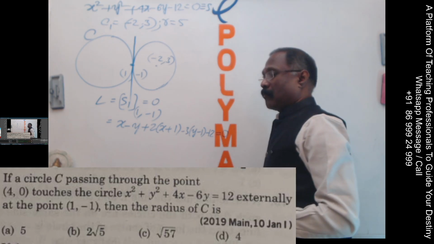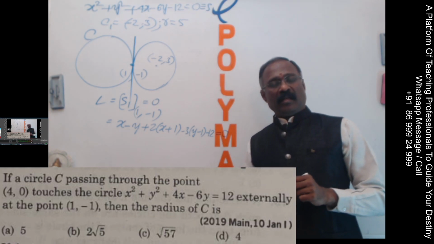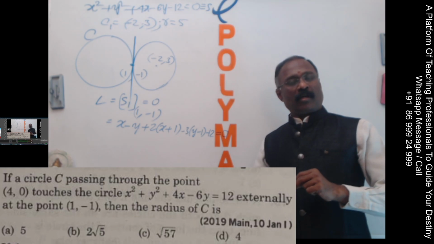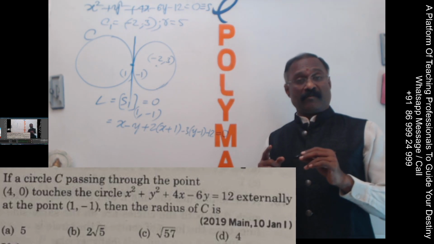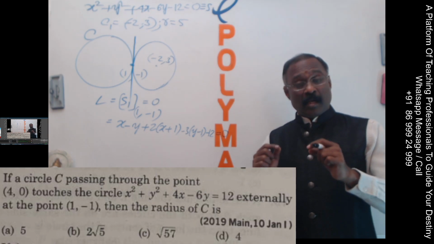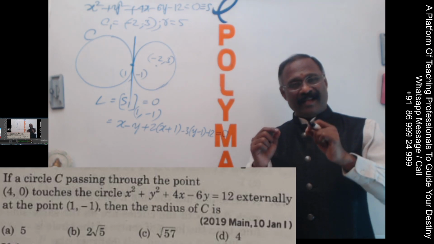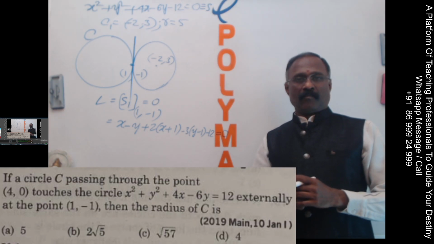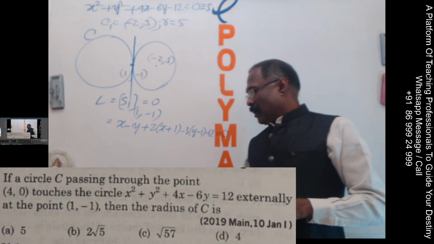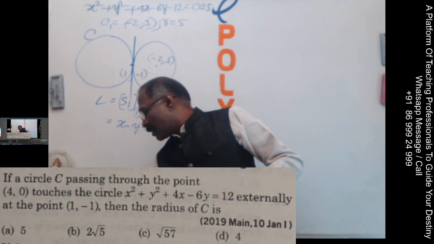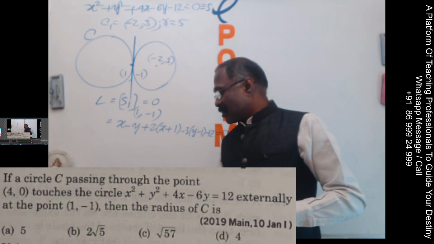Everyone must know how to write the equation of the tangent using the formula S1 equal to 0. But remember, S1 equal to 0 is the formula to be applied only when the point lies on the curve.